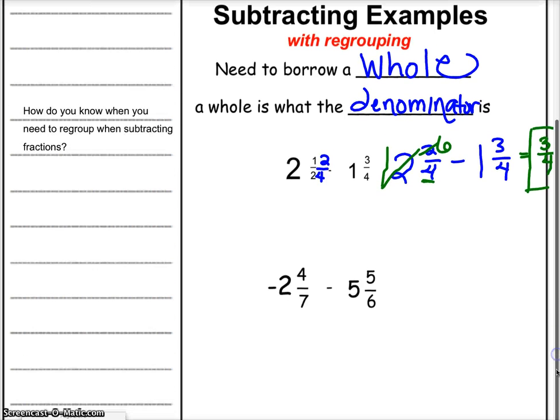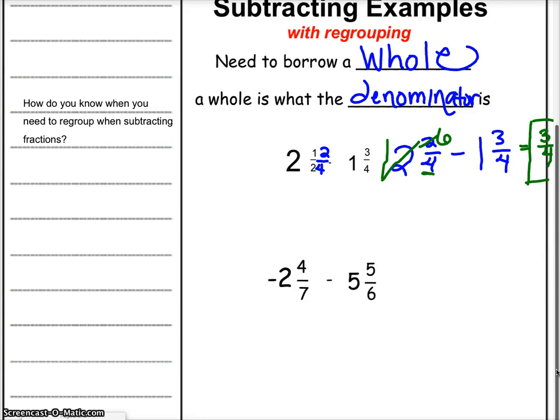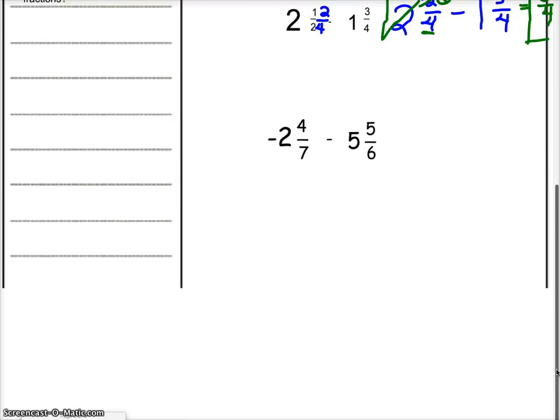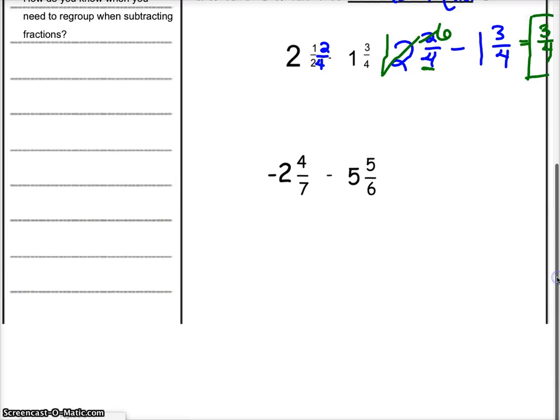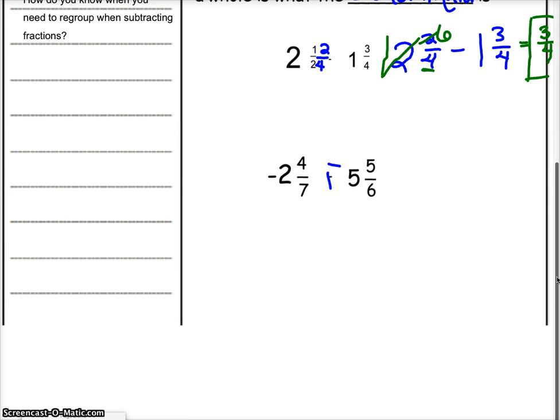Okay, now this one looks like it shouldn't even be in this regrouping one, because what I see here is plus a negative, and I have 2 negatives. When they're the same sign, you just add them and make them the sign they are. So I'm going to get that common denominator of 42. 7 times 6 is 42. 4 times 6 is 24.